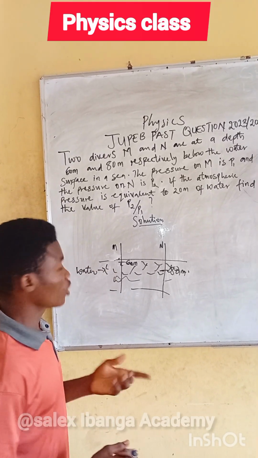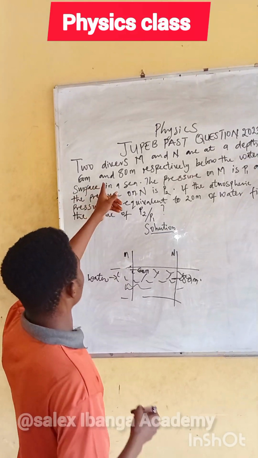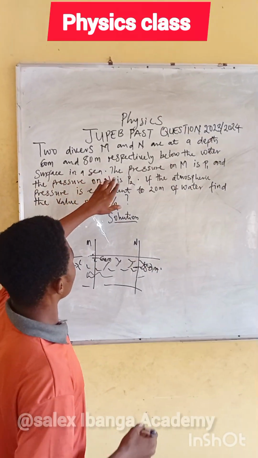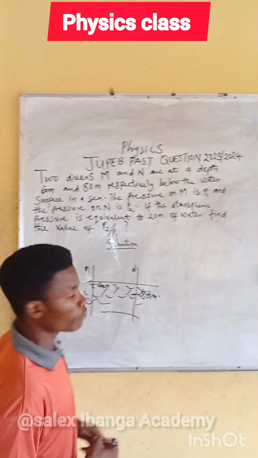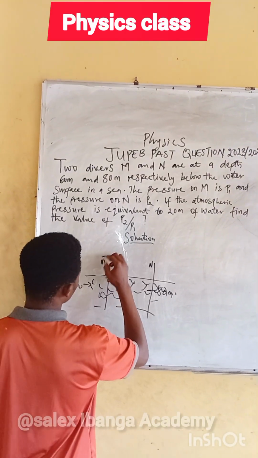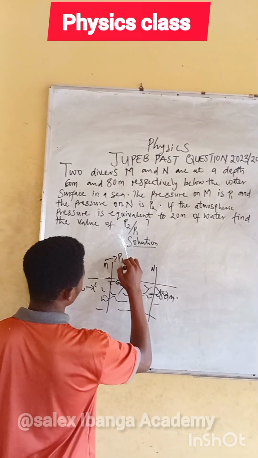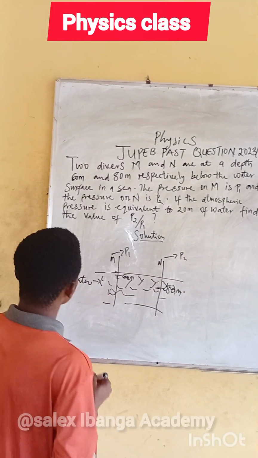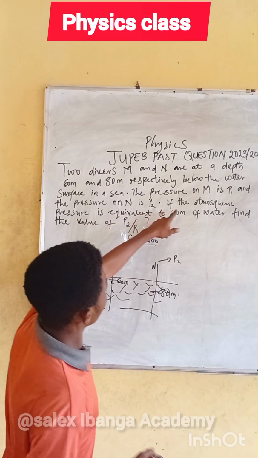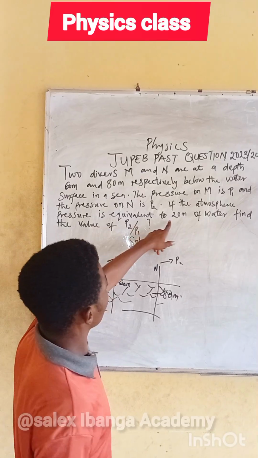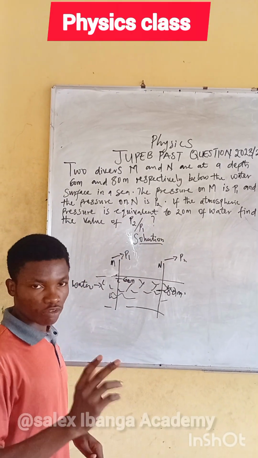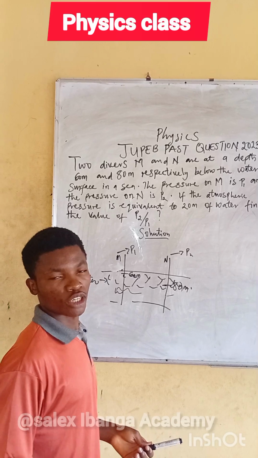Once you understand the question, you can solve the question. Looking at the question, the pressure on M, that means the pressure on this man equals P1. Then the pressure on this man equals P2. If the atmospheric pressure is equivalent to 20 meters, first and foremost, what is atmospheric pressure?